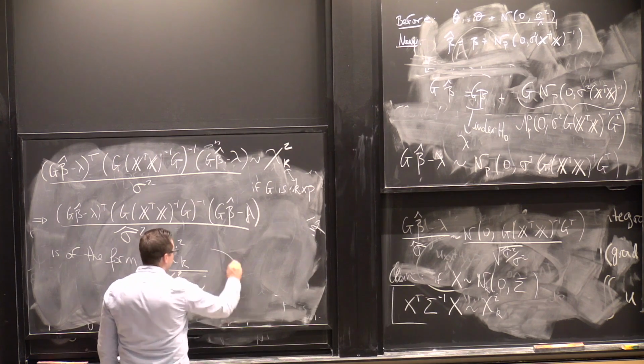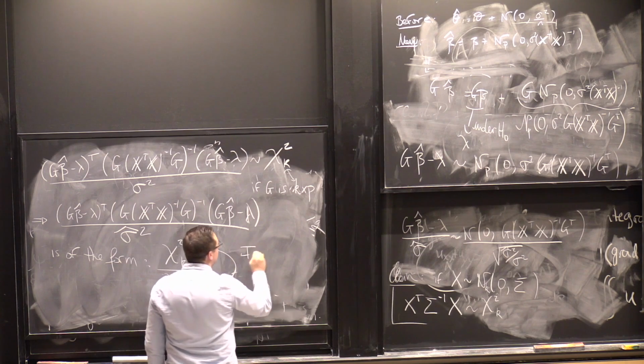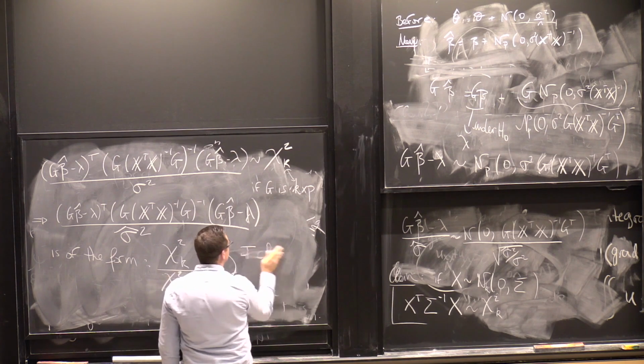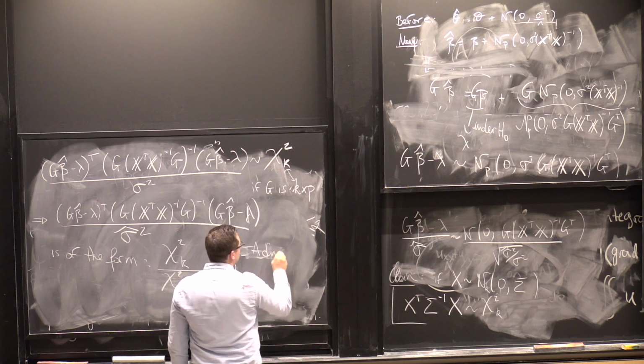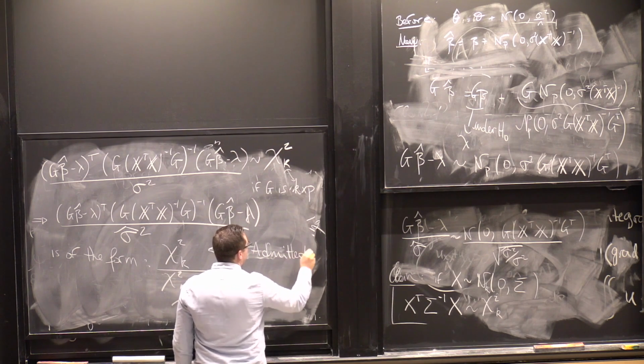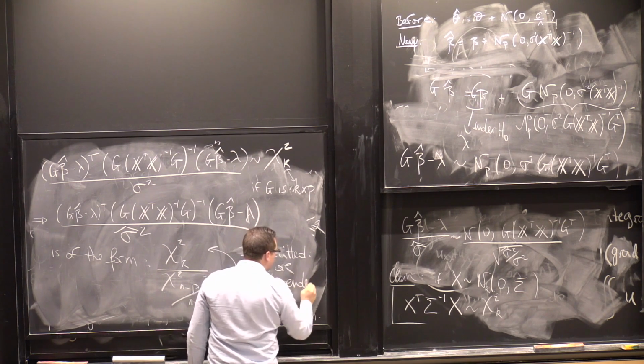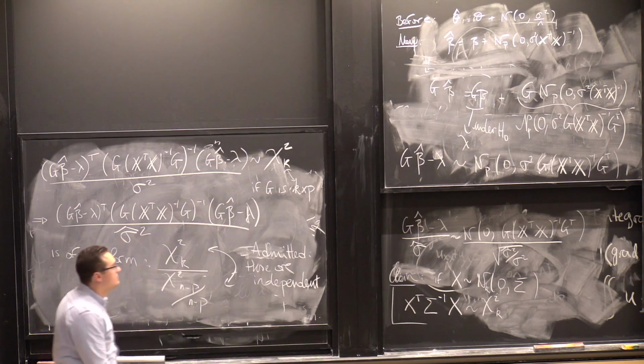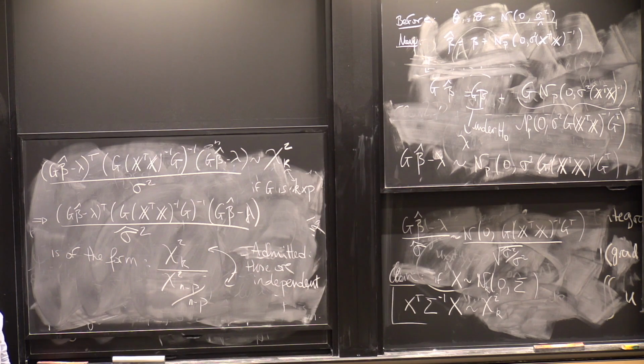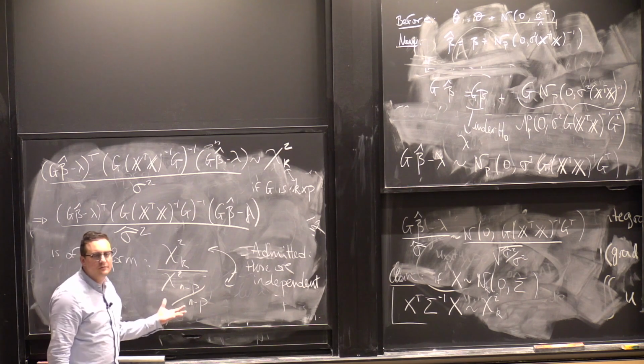Those two things I claim, so OK, let's say we admit these are independent. OK? We're almost there. This could be a distribution that's pivotal.